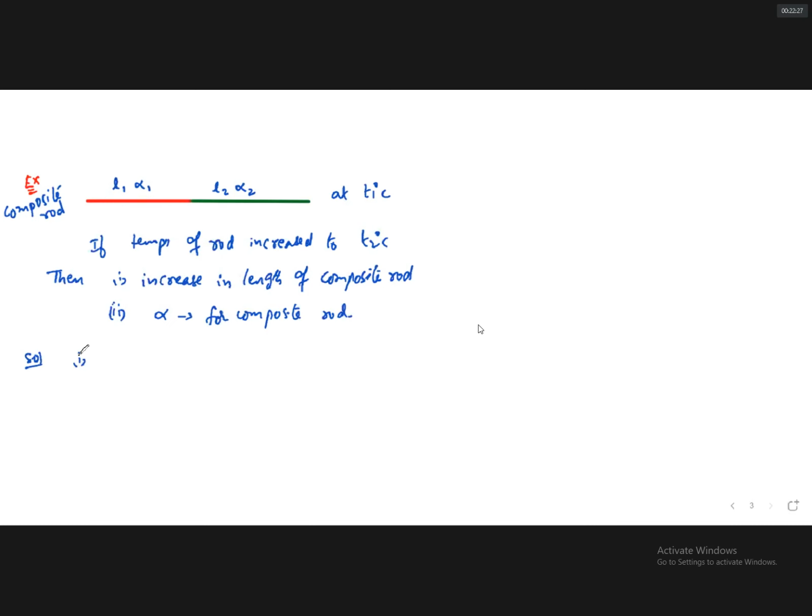So due to change in temperature, what is the change in length of the rod? Increase in length of composite rod is L1 dash plus L2 dash minus L1 plus L2. L1 dash means L1 into 1 plus alpha 1 into T2 minus T1, plus L2 dash means L2 into 1 plus alpha 2 into T2 minus T1, minus of L1 plus L2.